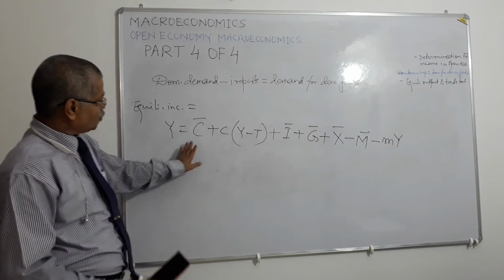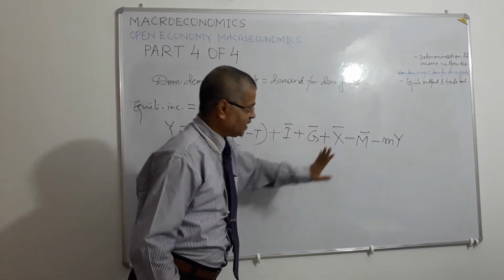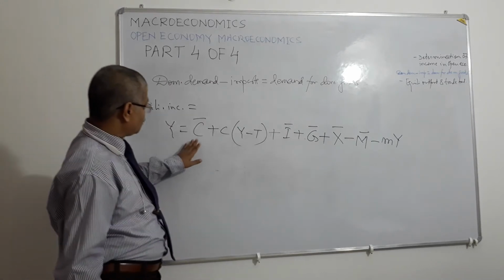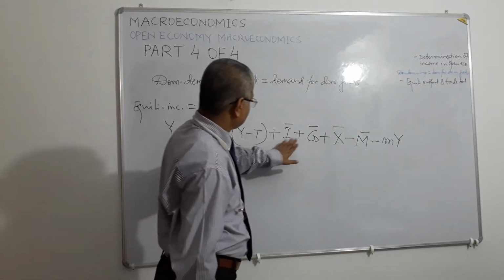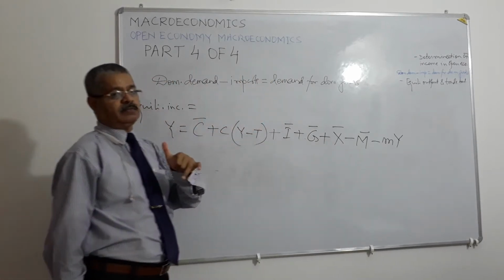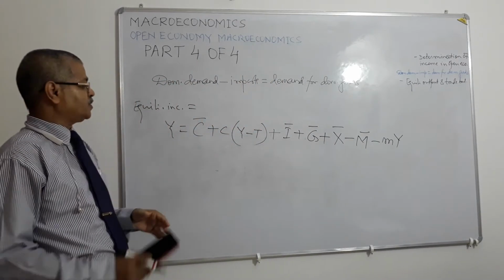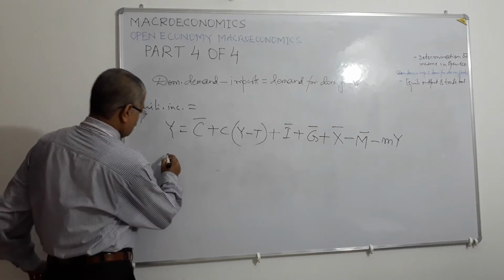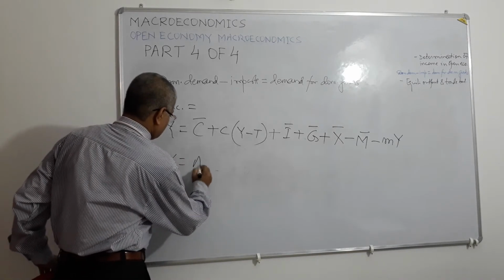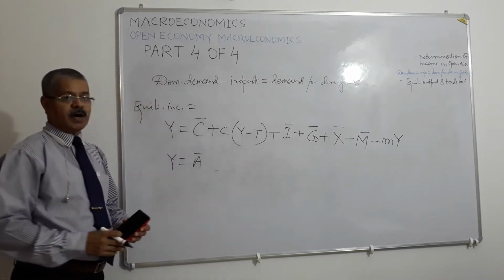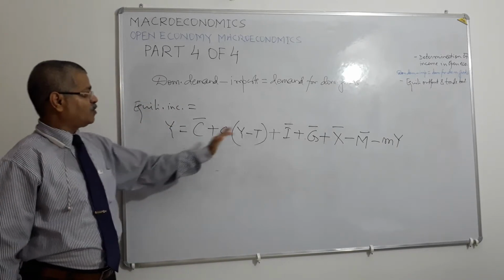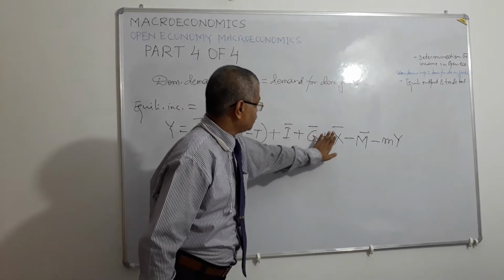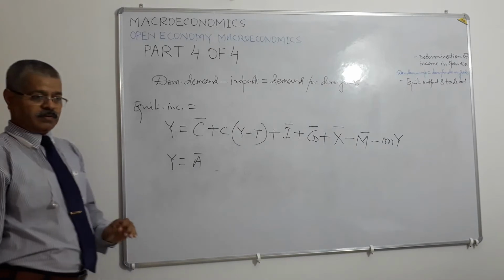If we take all of these autonomous expenses as A bar, A representing all autonomous expenses, what do we get then? Y is equal to A bar, a sum of all these autonomous expenses, 1, 2, 3, 4, 5, right?